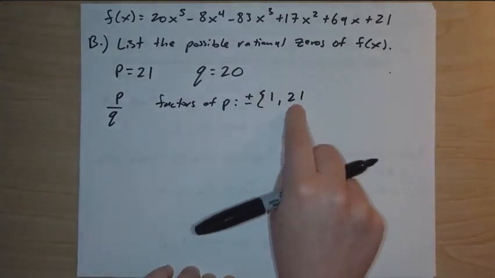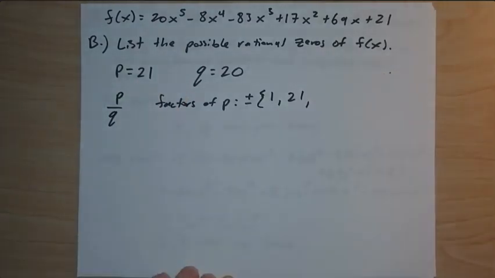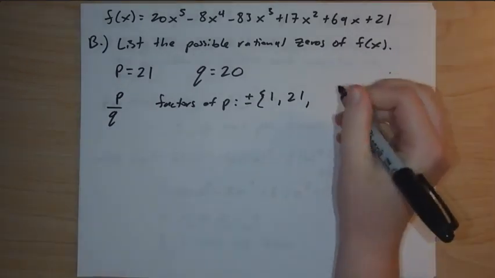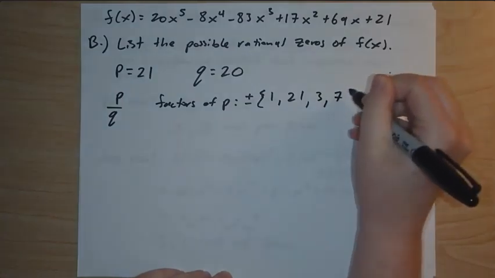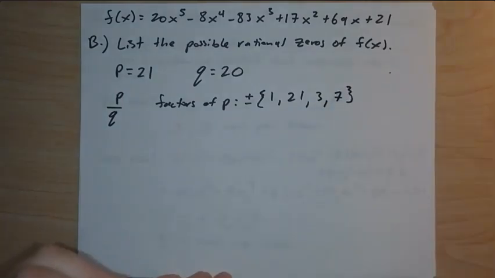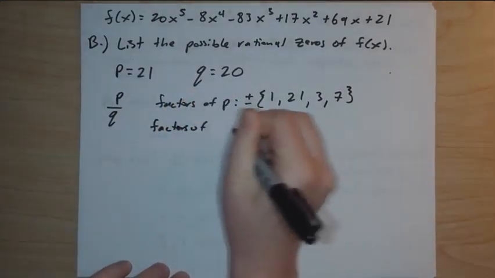Negative 1 times negative 21 is also going to give us positive 21, so the negative is included in there. We also have 3 and 7. 3 times 7 is 21, and negative 3 times negative 7 is 21. And then there's no other factors beyond that.